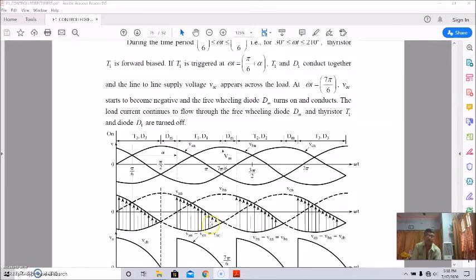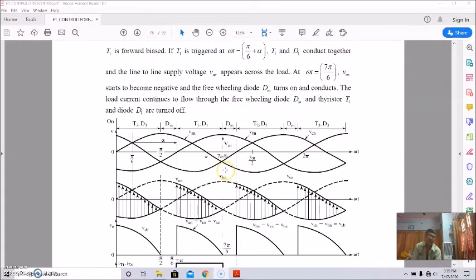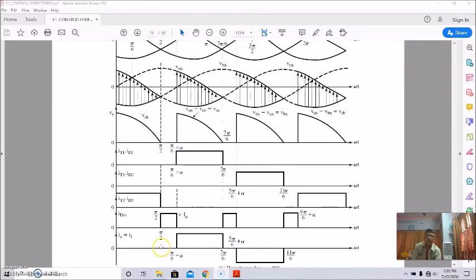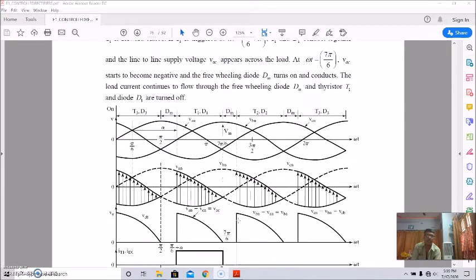At omega t equal to 7 pi by 6, VAC starts going negative, and as a result the freewheeling diode DM turns on and conducts.